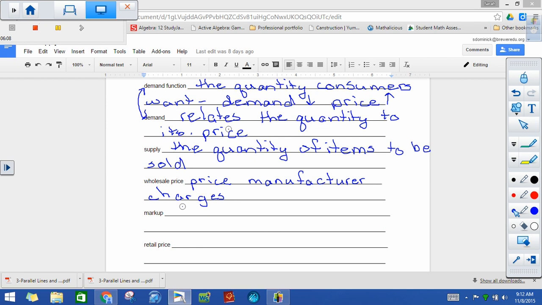So a markup is the amount retailers increase the price so they can make a profit.